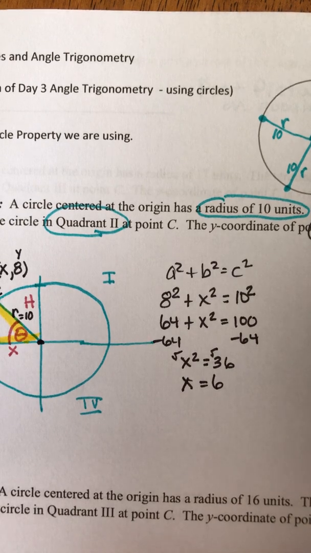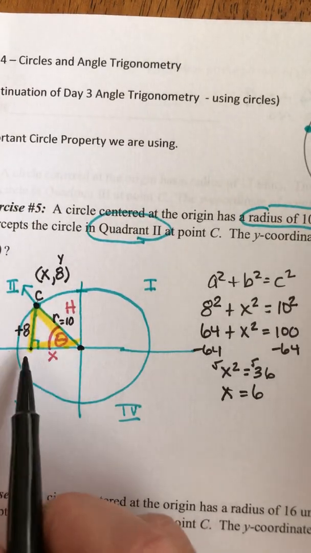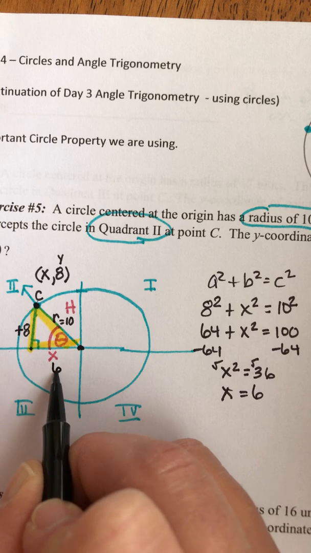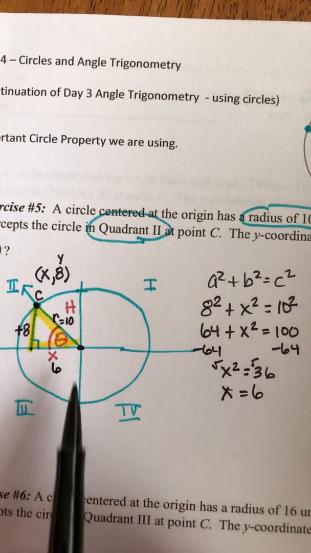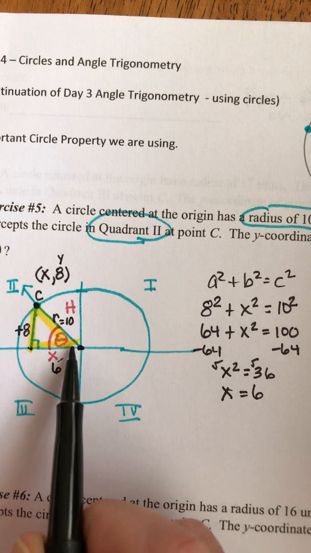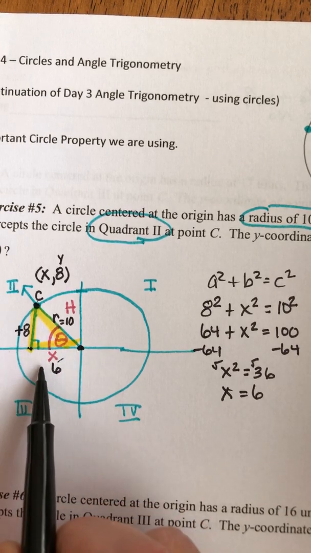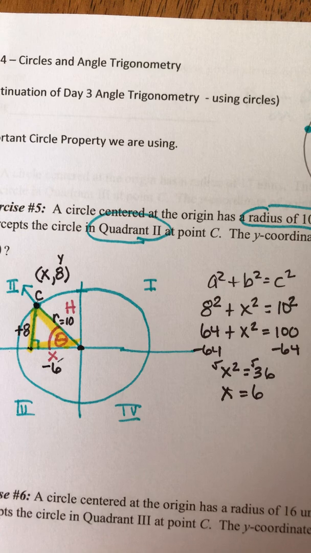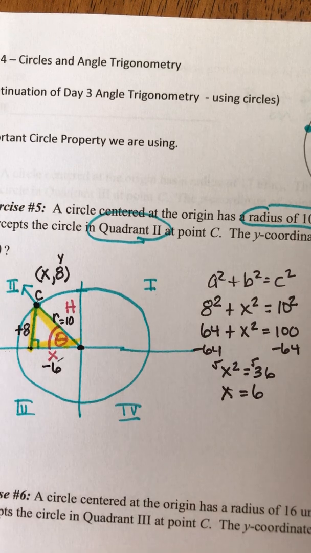So my x side here is 6. But if I was plotting this point, 6, I'm moving to the left on the x-axis, so that is a negative 6. So we got a negative number to deal with here.